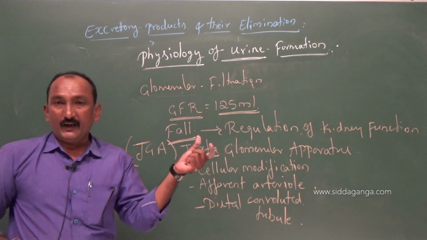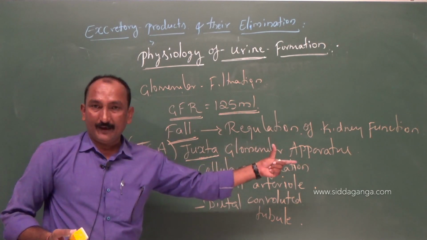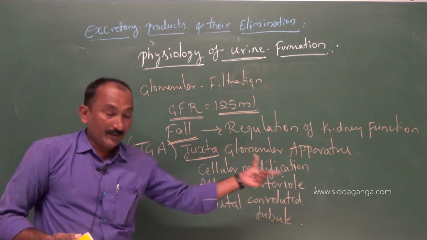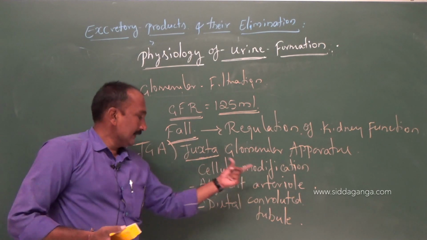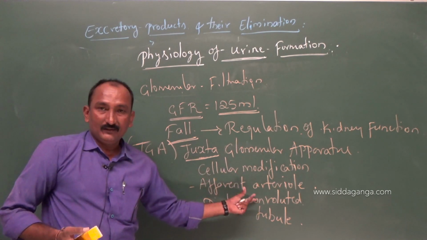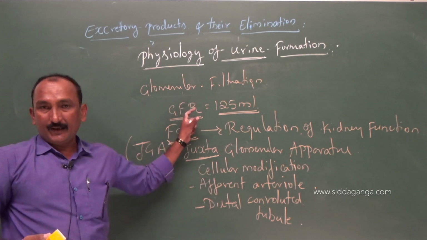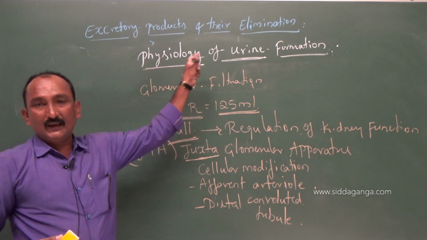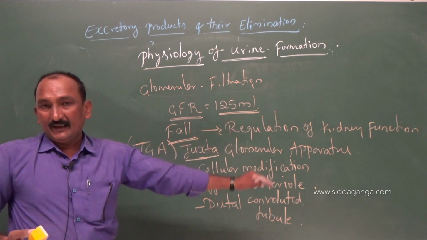What is the juxtaglomerular apparatus? It is nothing but a cellular modification of the afferent arteriole. Within the glomerulus, the afferent arteriole is the one that draws blood towards the nephron.